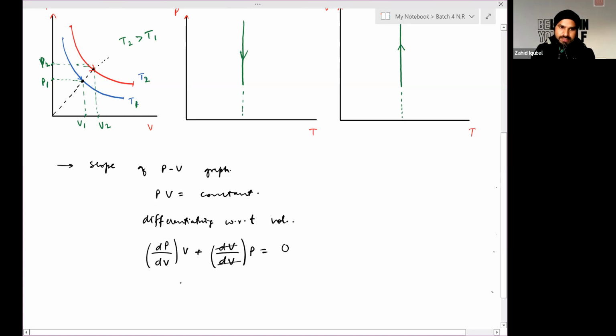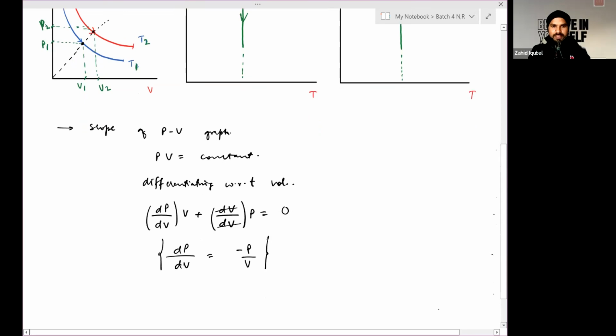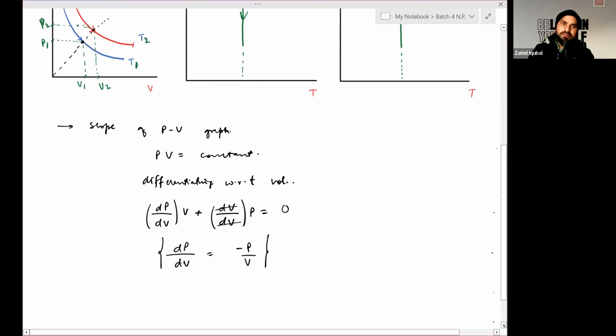Move this P to the right side. So dP by dV will equal minus P, and this volume on moving to the other side will become P by V, like this. Now related to this, we may define the bulk modulus.